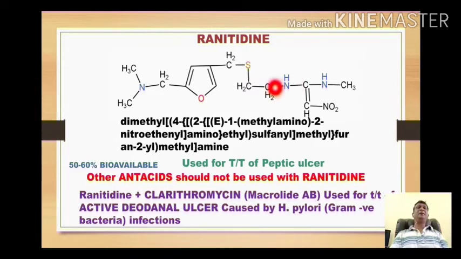Next, look at the next drug which is called ranitidine. Dear students, once again you can correlate the name with this structure. Here this ran stands for this heterocycle furan. As I mentioned, in cimetidine you have an imidazole ring, while in ranitidine there is presence of a furan ring.